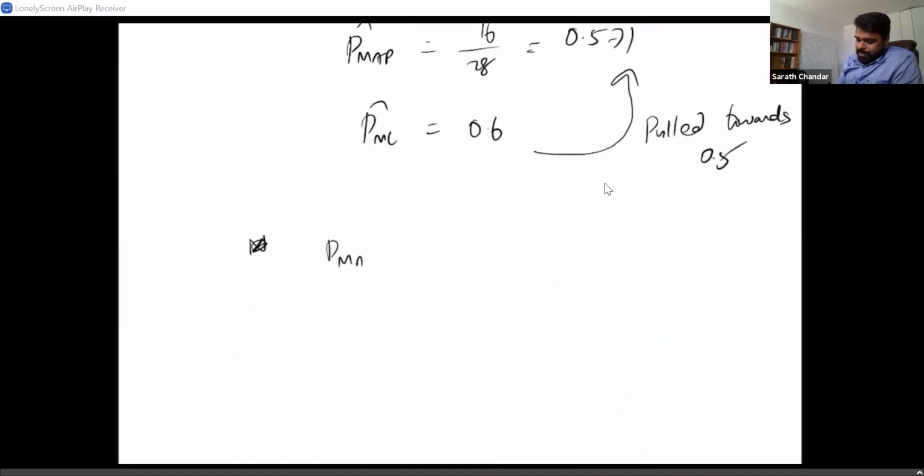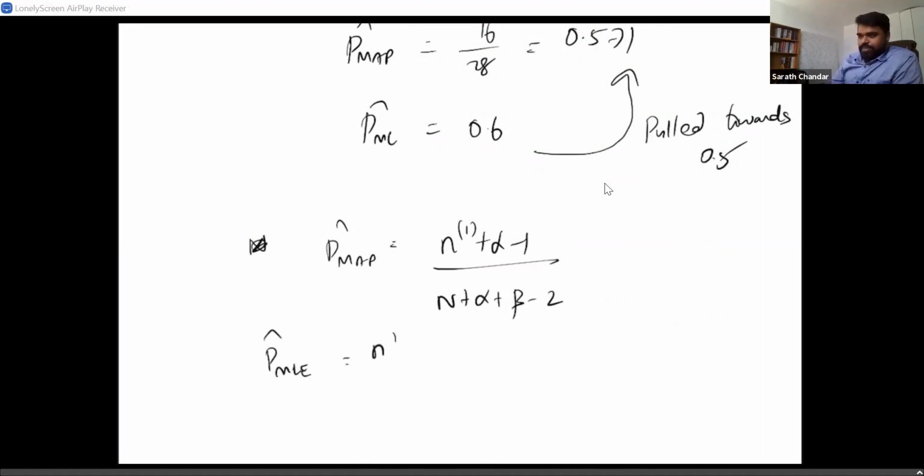P MAP is given by (N1 + alpha - 1) divided by (N + alpha + beta - 2), right? Similarly, PMLE is given by N1 over N, right?